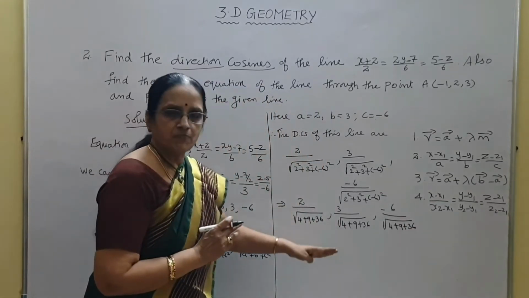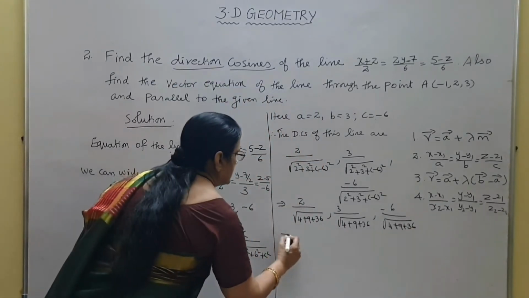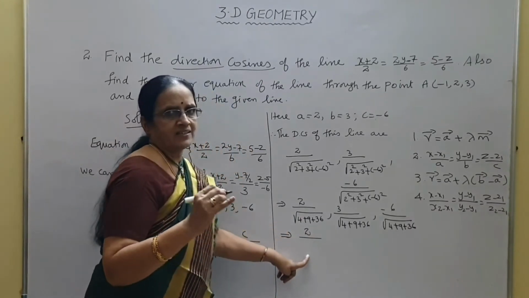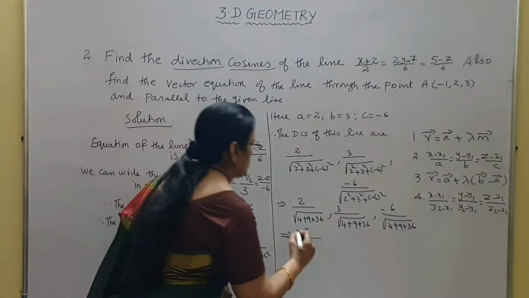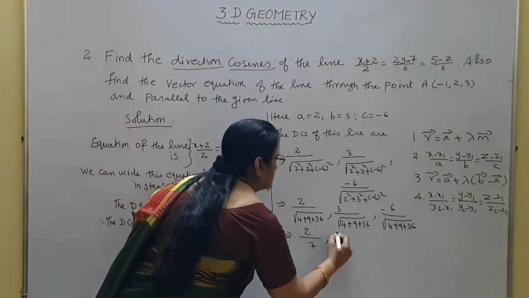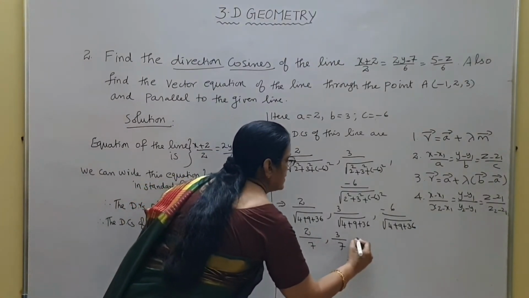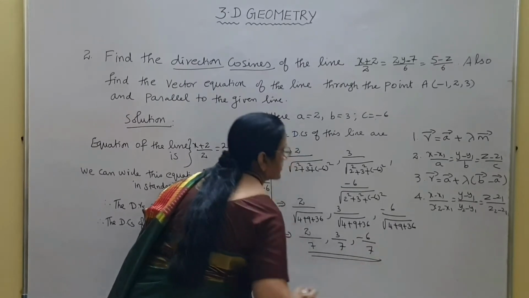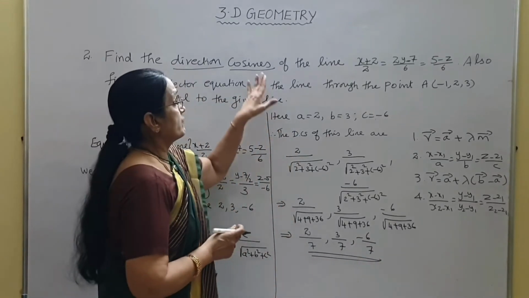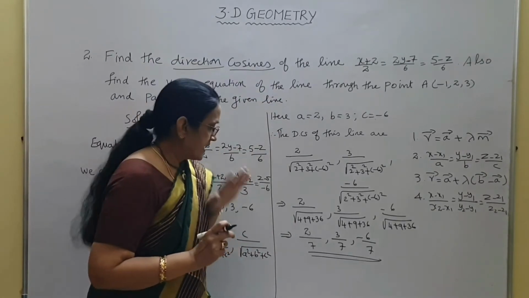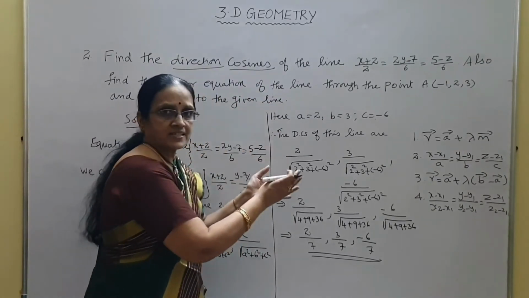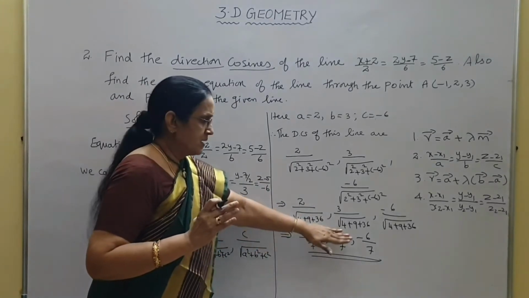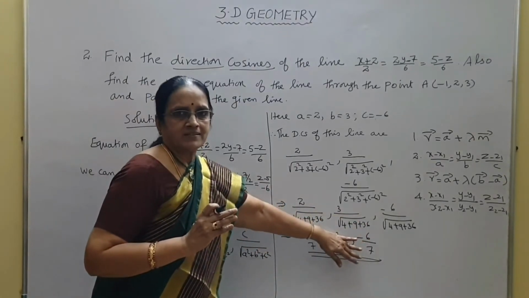We can further simplify this as 2 by, see, square root of 49 is nothing but 7. So 2 by 7, 3 by 7, minus 6 by 7. That's all. We have answered the first part of the question. That is, the direction cosines of the line are 2 by 7, 3 by 7, minus 6 by 7.